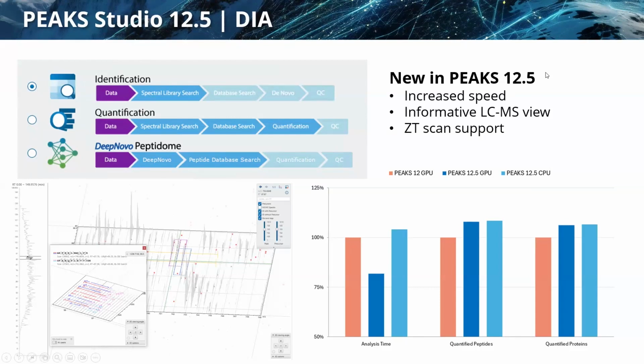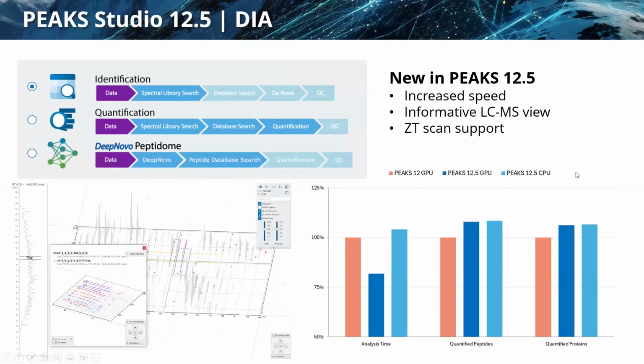But new in Peaks 12.5, the first thing I want to talk about is the increased speed. We've been working quite a bit to improve our DIA analysis speed. If you look at this chart here, focusing on the left bars, this compares analysis time in Peaks 12 using a GPU, Peaks 12.5 also using a GPU, and then the speed in Peaks 12.5 without using a GPU, so only CPU resources.